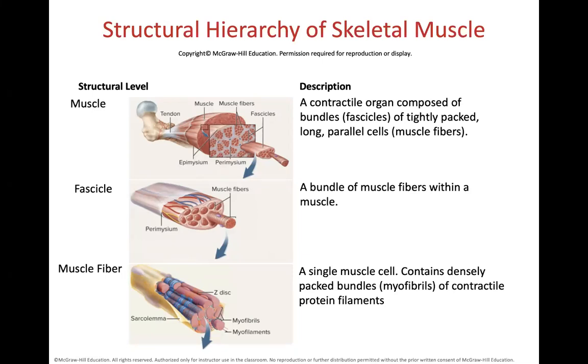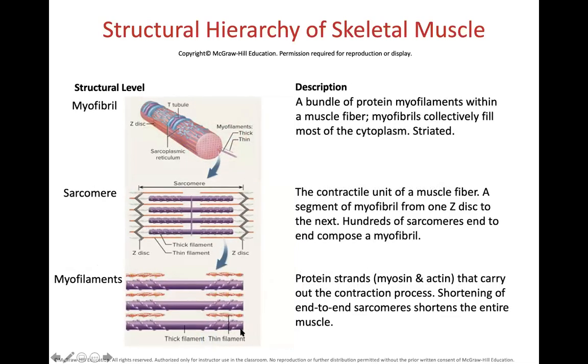All right, so here we're at one cell. We're going to go subcellular now into a single cell and look at what are called myofibrils. Myofiber and myofibril are really confusing terms. Just remember, myofiber is the cell. Myofibrils are the pieces within the cell. Super easy to get confused.